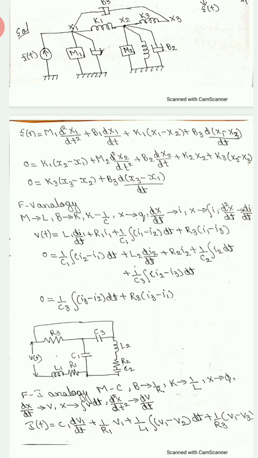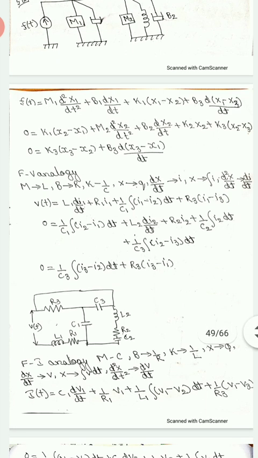For that we need to draw the electrical circuit. There are three displacements, that means you'll get three loops. For the first loop you'll get resistance R3, and C1 is in the middle, since it is connected to both loops.